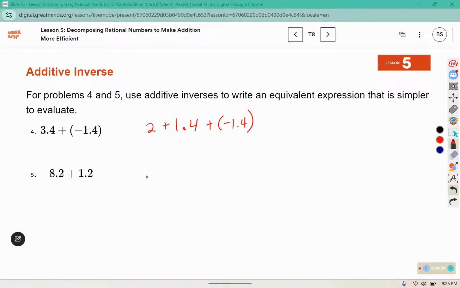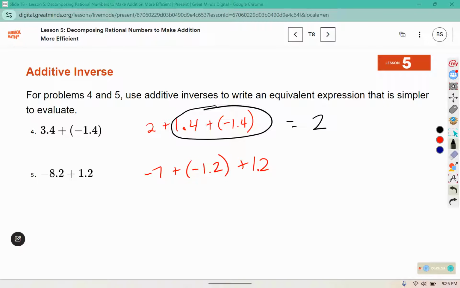Negative 8.2 could be negative 7 and negative 1.2. Here, these additive inverses make 0, so our final answer would be 2. And these additive inverses make 0, so our final answer would be negative 7.